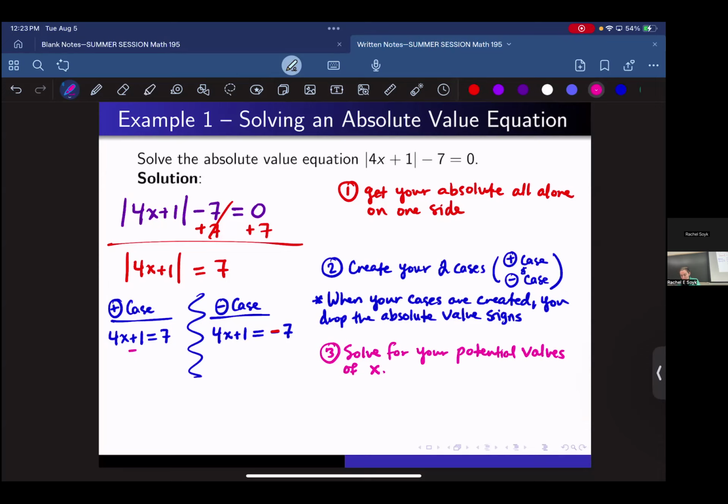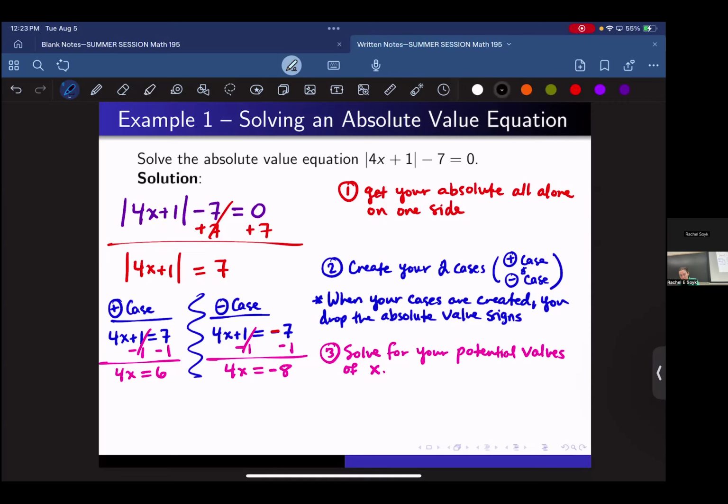Positive case, use inverse operations. We're going to subtract 1 from both sides. We can do that for the negative case as well. Kill 2 birds with 1 stone. And so now you're looking at 4x is equal to 6 for your positive case. For your negative case, you're looking at 4x is equal to -8.